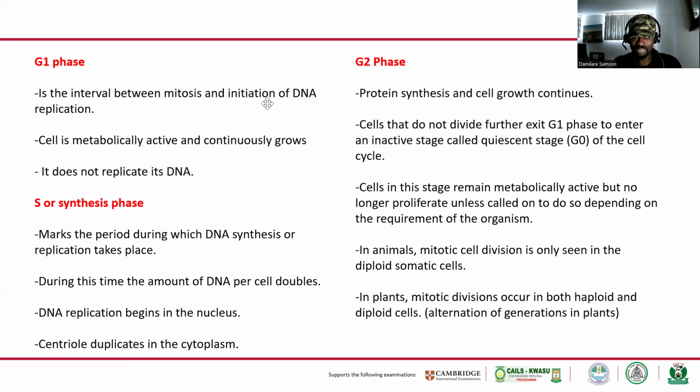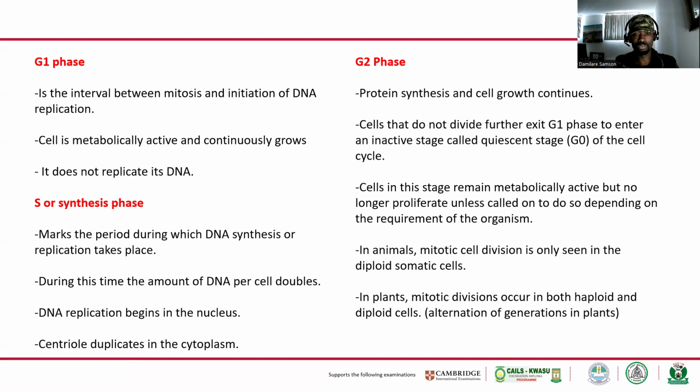Centrioles duplicate in the cytoplasm. When we discuss the cell as a whole, you get all these organelles, the centriole, the cytoplasm, the nucleus, the mitochondrion, and so on. We'll talk more about that. But that doesn't disturb you from listening to this.